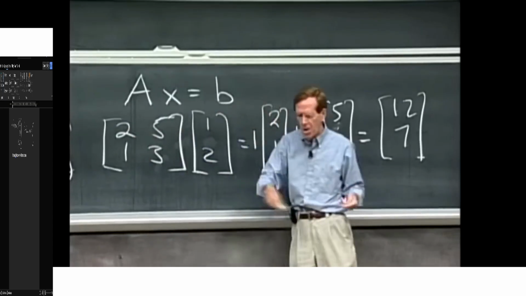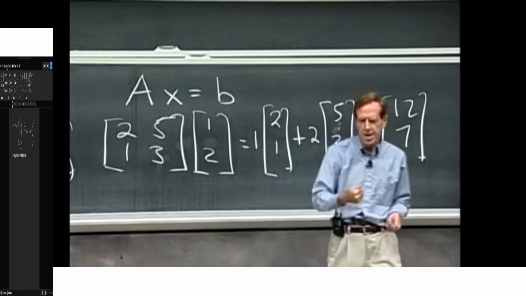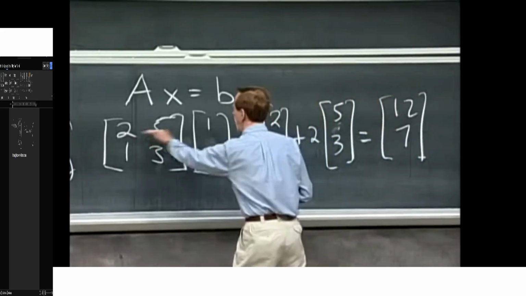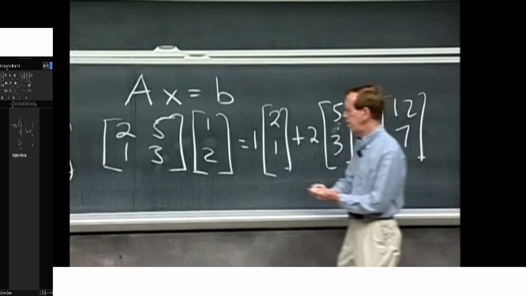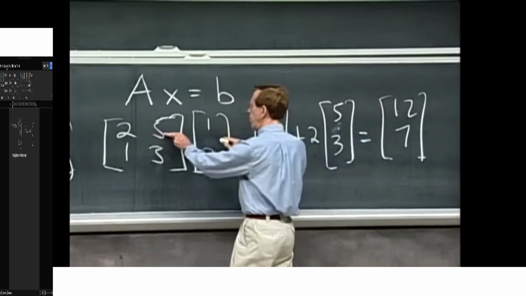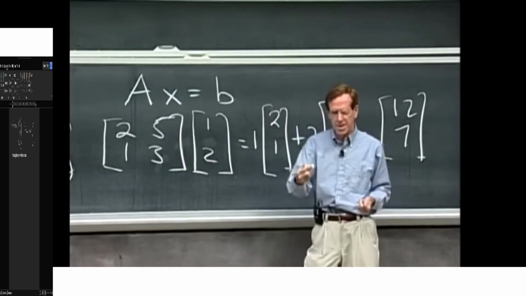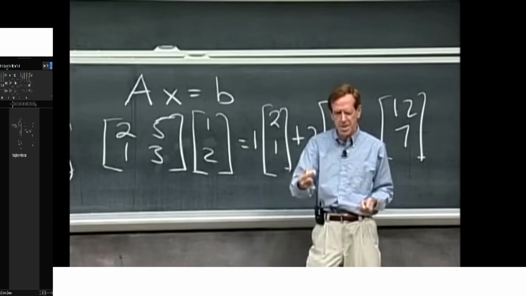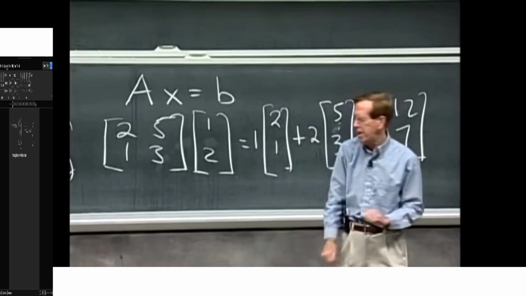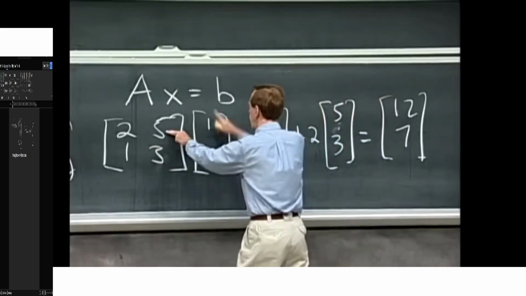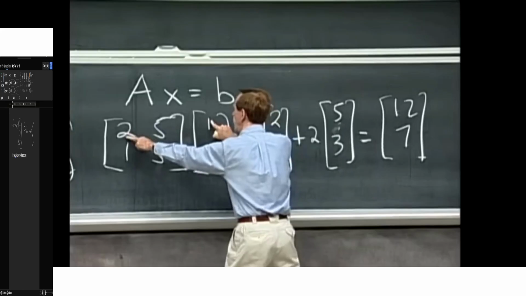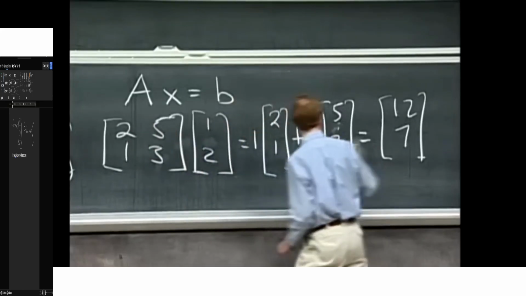This is the idea of a dot product. This vector times this vector. 2 times 1 plus 5 times 2.